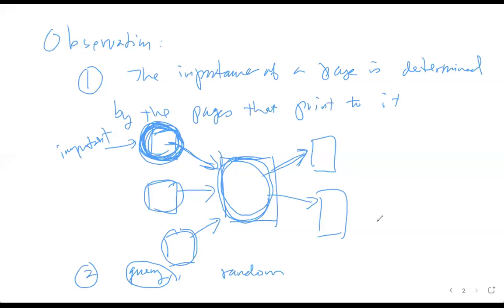But then you can also randomly jump into some web page and then start from there. So you have a random jump. The PageRank algorithm takes these two things into consideration on a transition matrix.